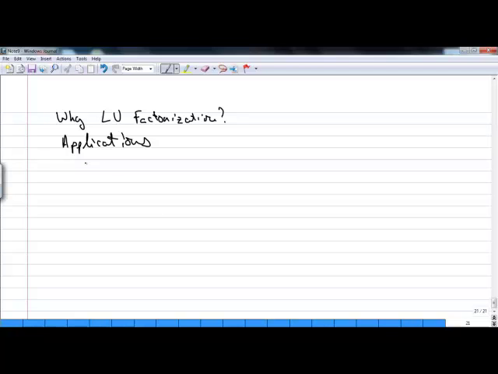So one application is the solution to the equation AX equals B. Here, of course, we want to solve the equation for X. A and B are given.